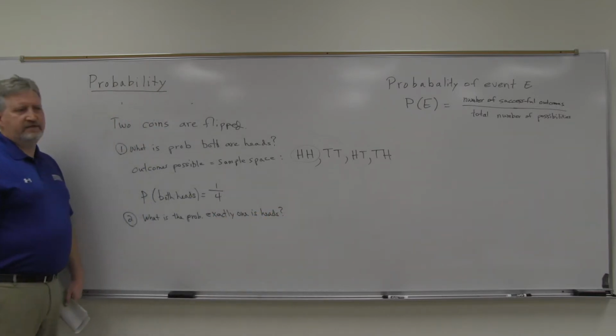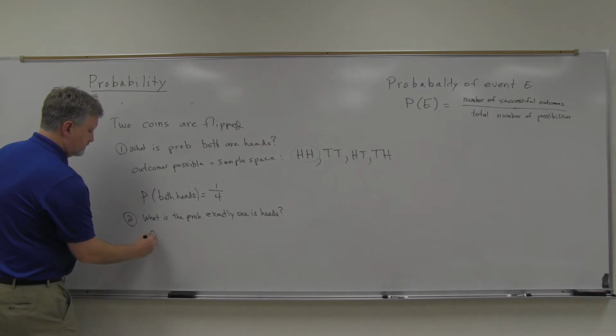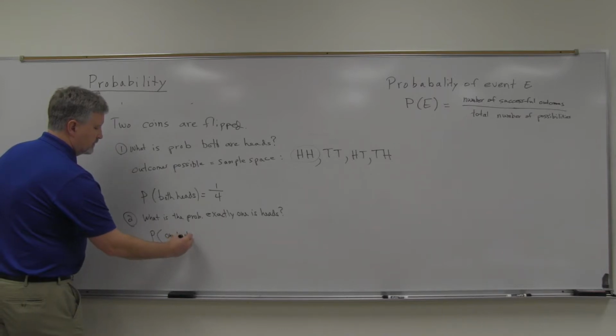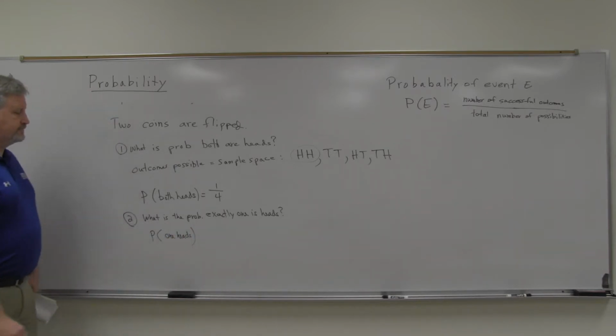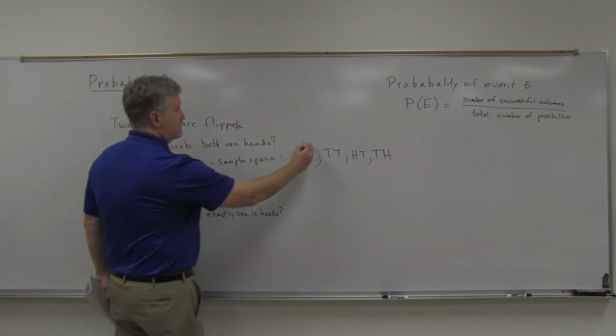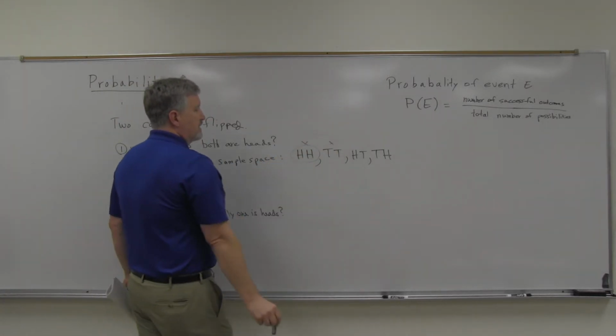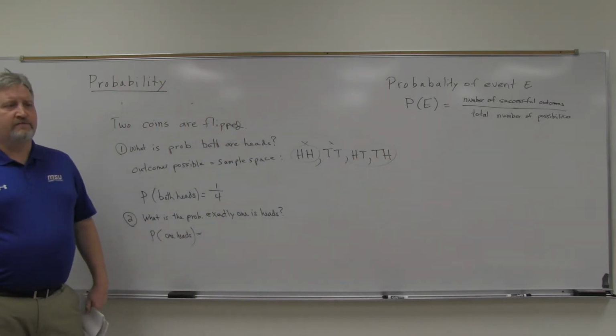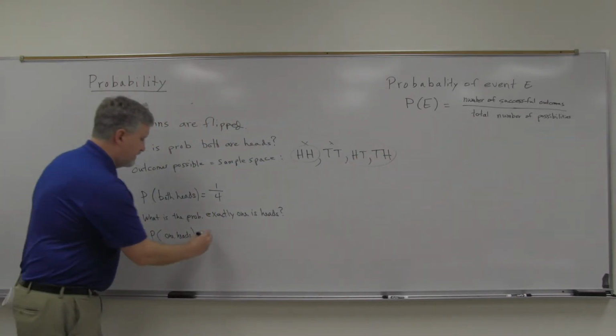Well, that one's not exactly 1 heads. That one's not exactly 1 heads. It's these 2 on this one, isn't it? There's 2 of them that have exactly 1 heads out of 4.